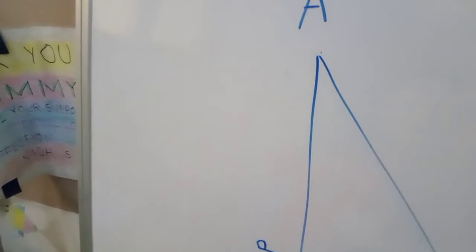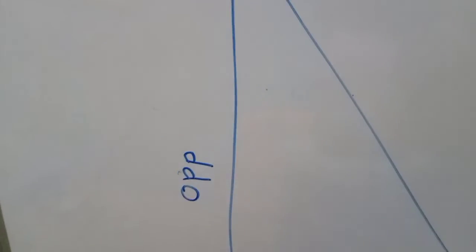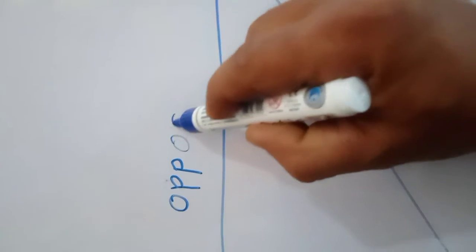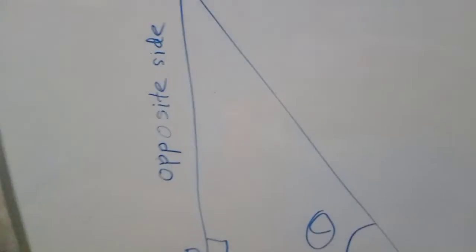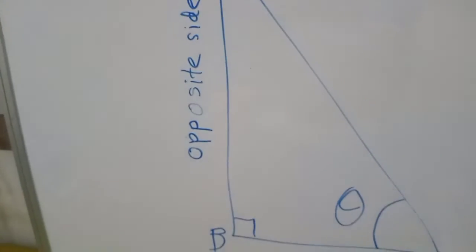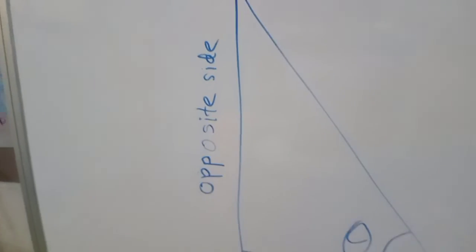Now since my angle is theta and it is at the side BCA, I will call this side AB or BA as the opposite side. Why am I calling it as opposite side? It is opposite to the angle theta that I have defined just now.